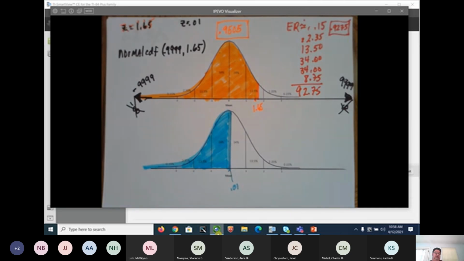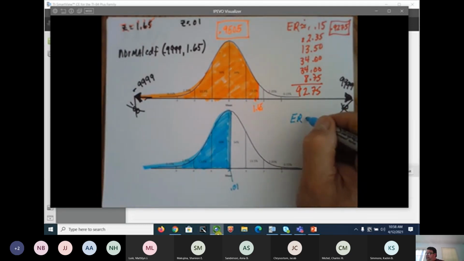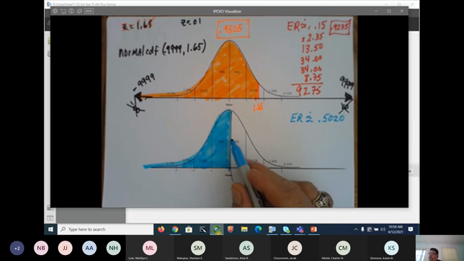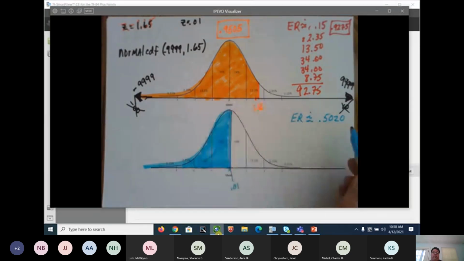So I'm going to say 0.5020. So by the empirical rule, I'm going to guess 0.5020 because I know it's just a little bit of shade over that 0 line right there. So it's going to be just a little bit over 50%.